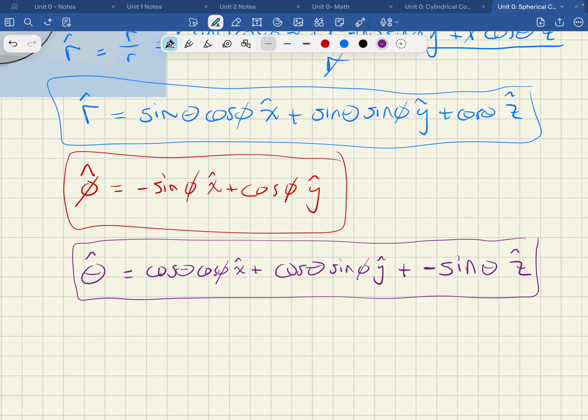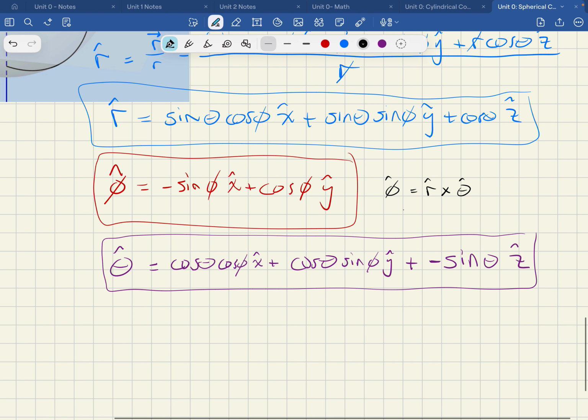And here's an interesting fact. I will let you check this for yourself; I won't try to prove it here. Phi hat is equal to r hat cross theta hat, just like z hat is equal to x hat cross y hat.